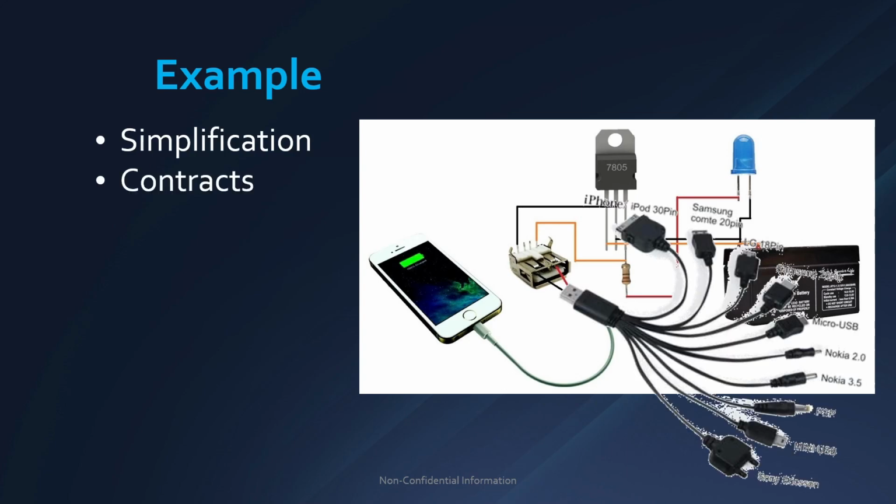So the next thing is interfaces. USB is one example of an interface. When you connect USB to your phone, you can see there are all these different types of connections, and each different connection is a contract saying the thing that connects to this side of it is designed to work in a very specific way.